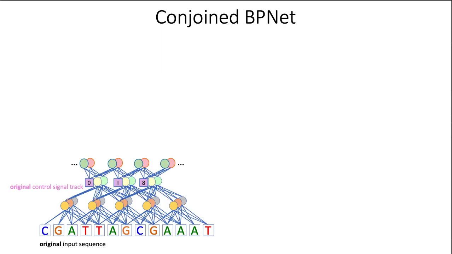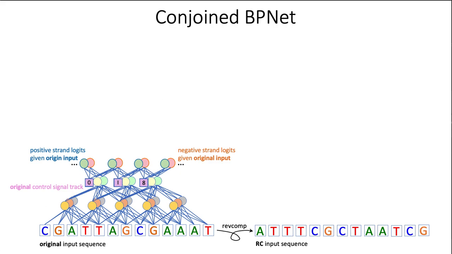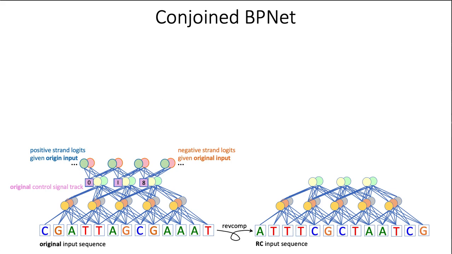Let's talk about how we can make a conjoined version of the BPNet architecture. As before, we start by applying the model to the original input sequence. However, we'll stop short of applying the softmax operation just yet, so the outputs will represent the logits of the softmax for the positive and negative strand. As before, we then reverse complement the input sequence and supply it in parallel to the same model.